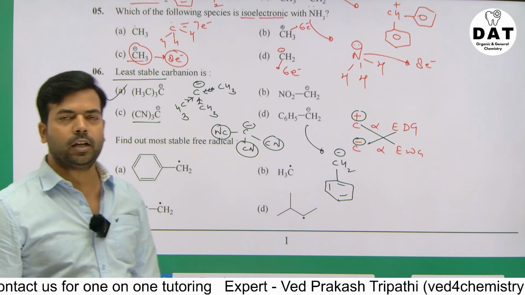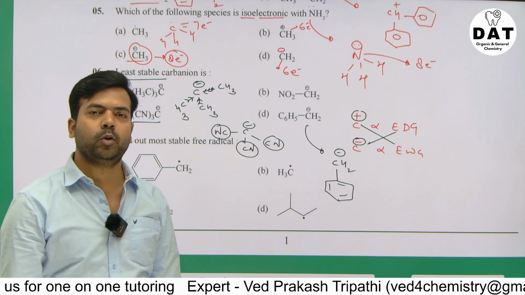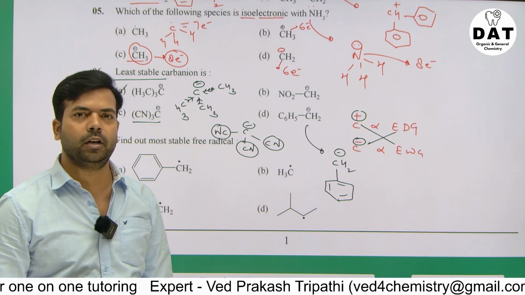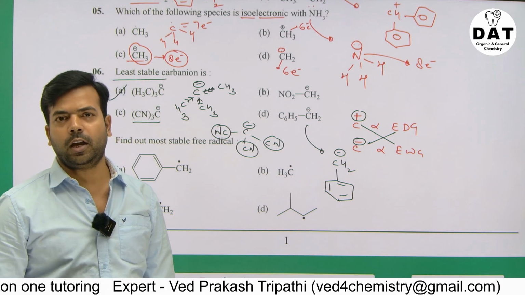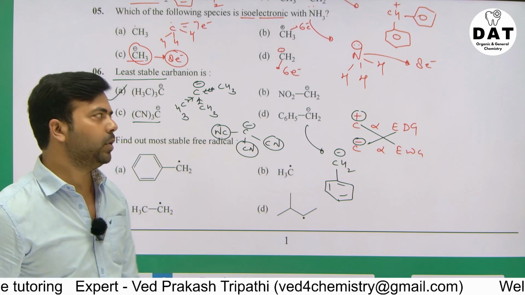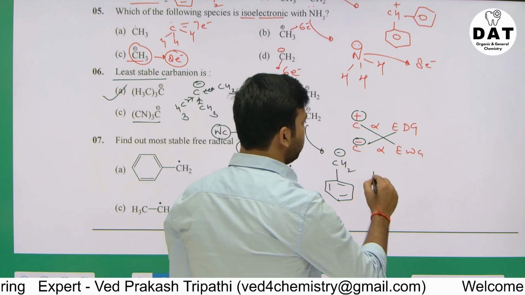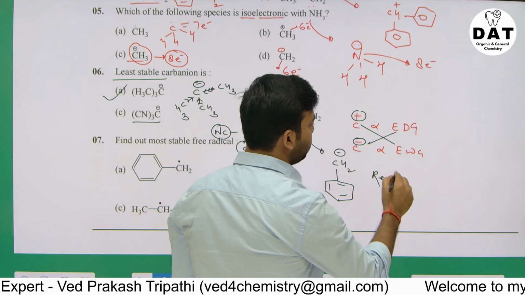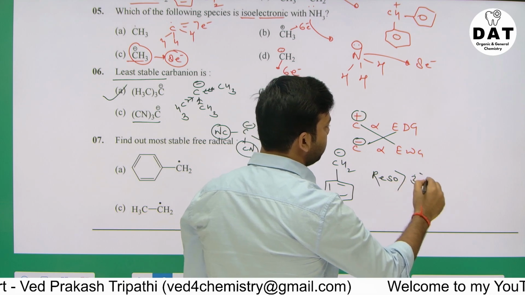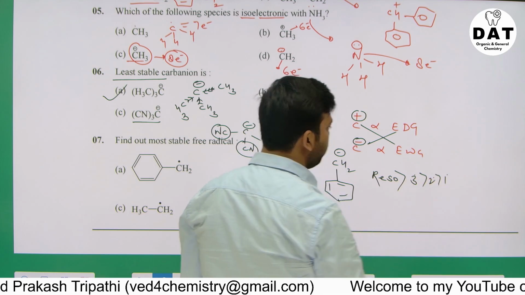Find out the most stable free radical. You know, free radical also has the same trend as carbocation, means resonance stabilized radical will be most stable, and after that the tertiary, secondary and primary. I can write here the resonance stabilized carbocation and radical is more stable, then tertiary, then secondary and then primary.